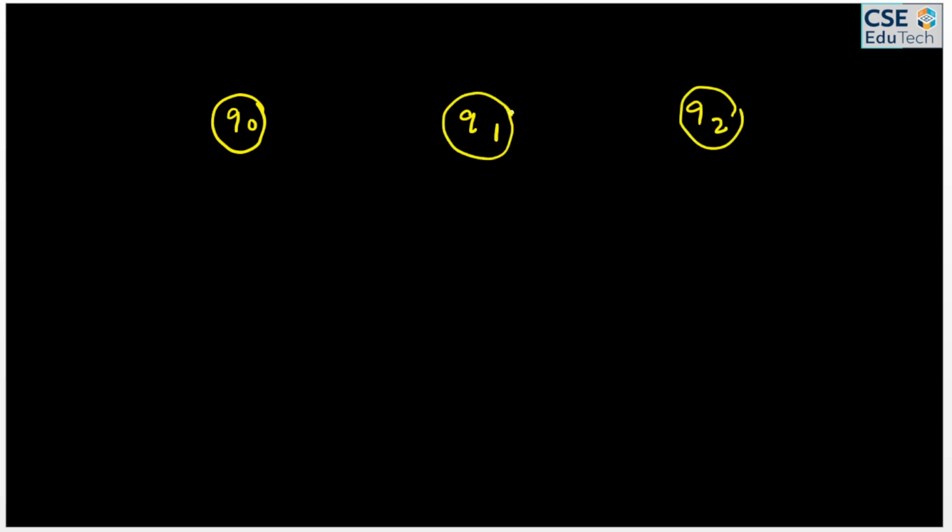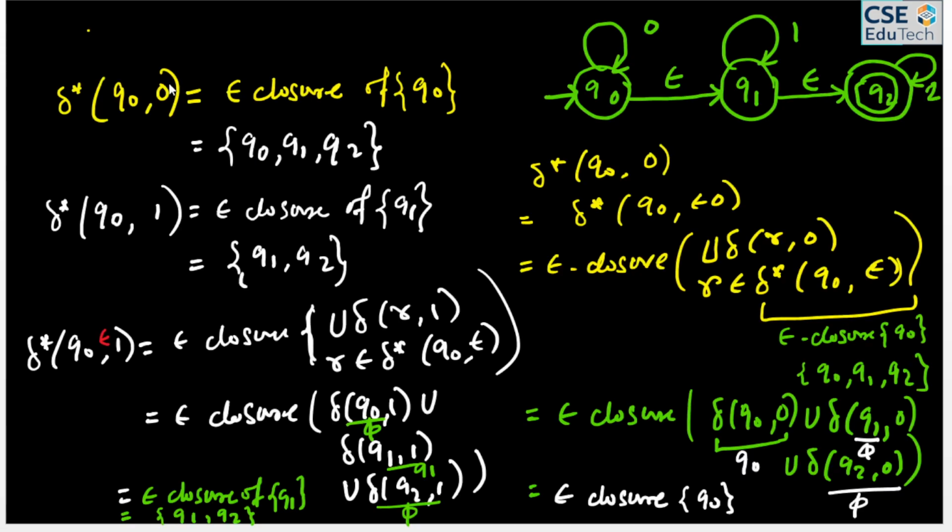Right? Now, as before, we have seen that Q0 is a final state and it is the initial state. So from Q0, by taking 0, you can move to Q0, Q1 and Q2. Similarly, from Q0, by taking 1, you can move to Q1 and Q2.